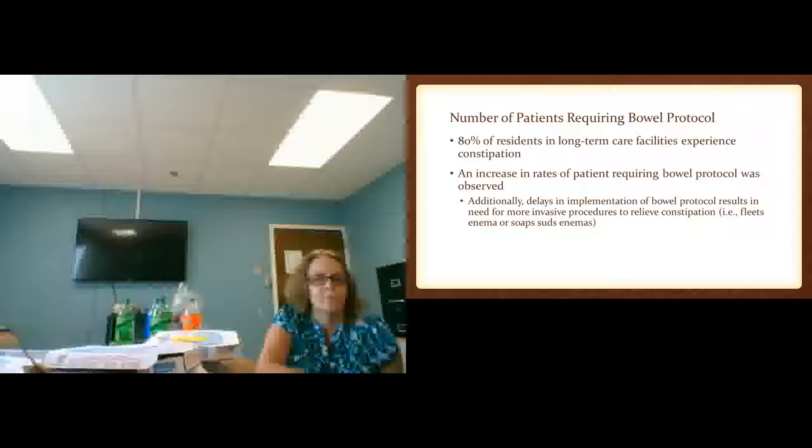I chose this topic because we were noticing an increase in the number of bowel protocols we had to initiate on patients, and we were noticing that when we delayed the bowel protocol, it caused patients to require more invasive procedures to relieve their constipation.